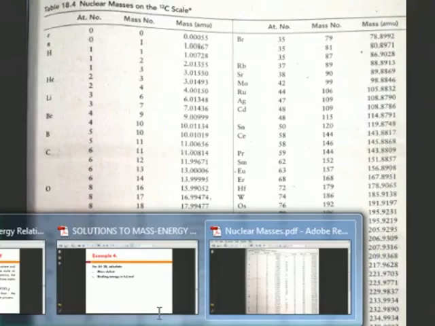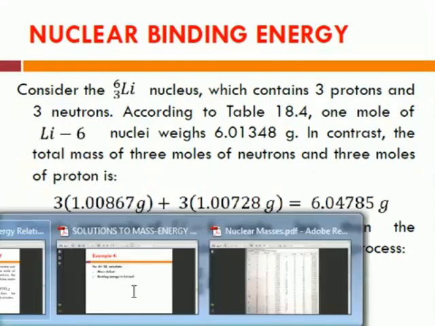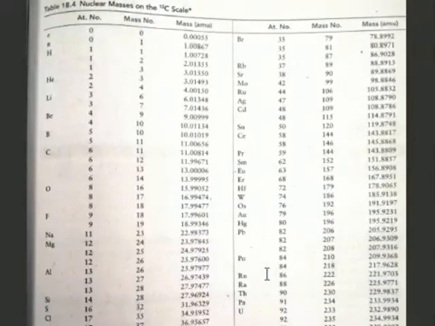In contrast, the total mass of 3 moles of neutrons and 3 moles of protons is computed as follows. For neutron, we have 1.00867, and for proton, we're going to use H-1, 1.00728.